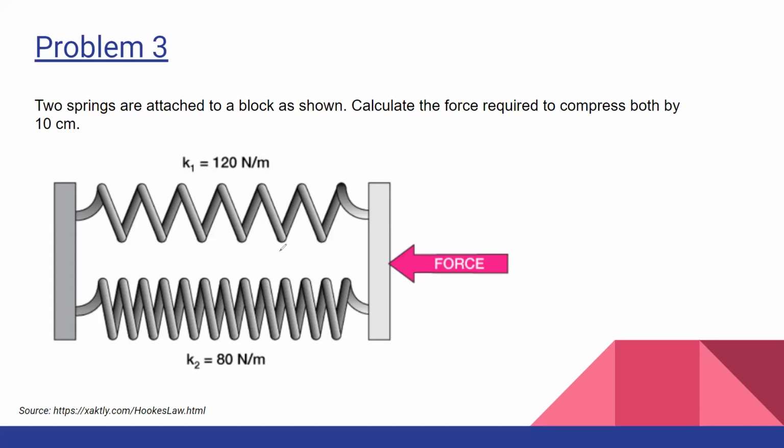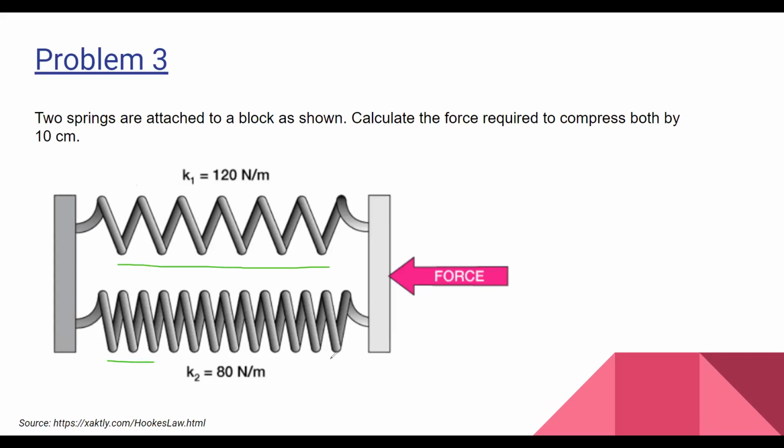Here we have 2 springs that are attached to a block that you can see below. They have different k values though. This one has a k value of 120 newtons per meter, and this one has a k value of 80 newtons per meter.